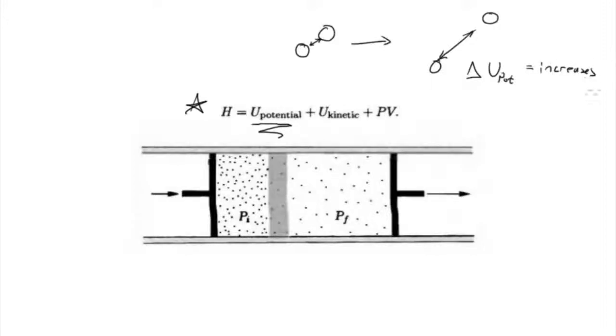And because of this, to conserve energy, our change in kinetic energy actually has to decrease. And because the kinetic energy is decreasing, the temperature will actually decrease, because we all know that kinetic energy is related to temperature.